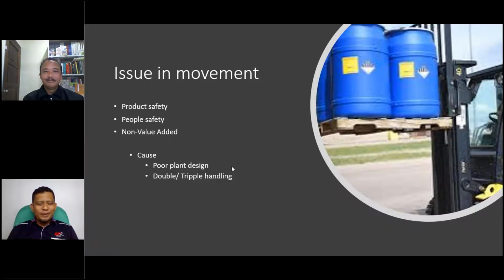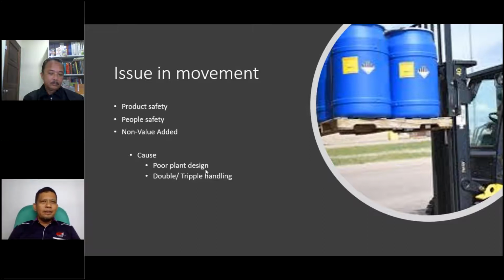But most of the design is done by the chemists and the financial people, without looking into how to minimize, or if necessary eliminate, some of the product movement. That's why when we visit a chemical plant, there is a lot of unnecessary movement that can be avoided if the plant design has been done properly.